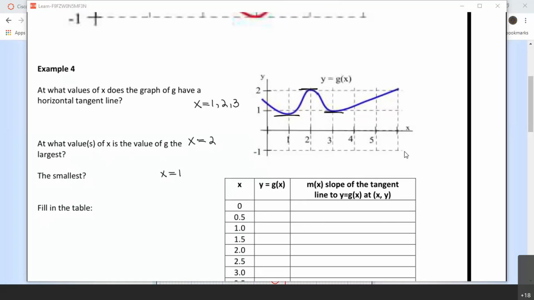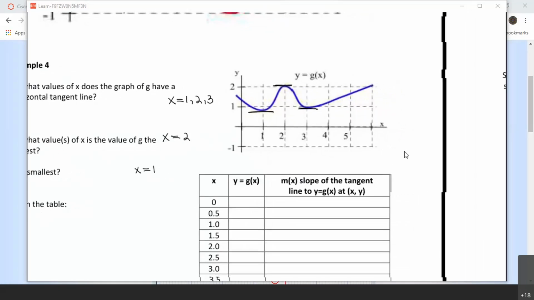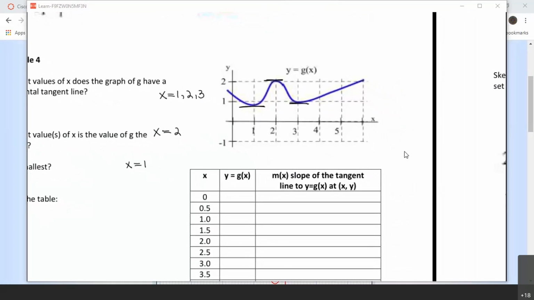Now, the same idea, graphing the slope. If we want to do it right on this graph, let me get rid of my horizontal tangent lines. Everywhere my tangent's horizontal, I'm putting a dot on the x-axis because that's where my derivative graph is going to cross the x-axis.